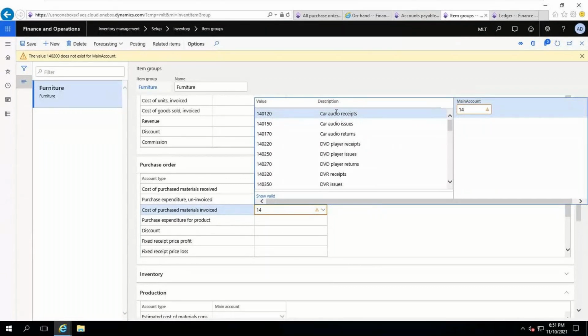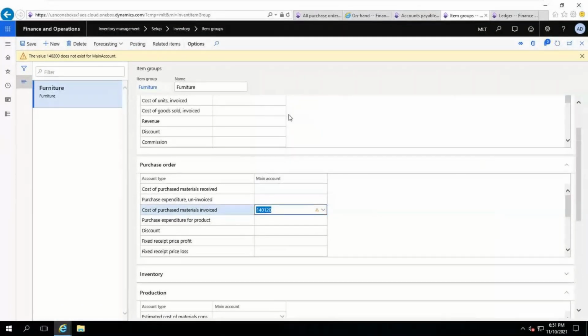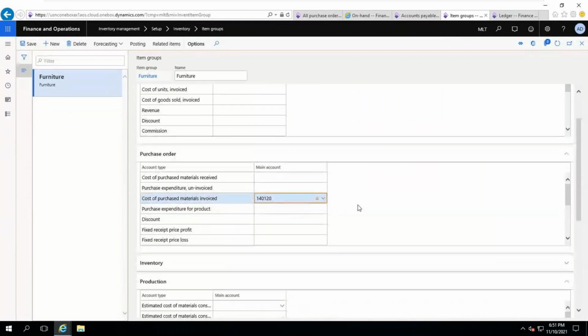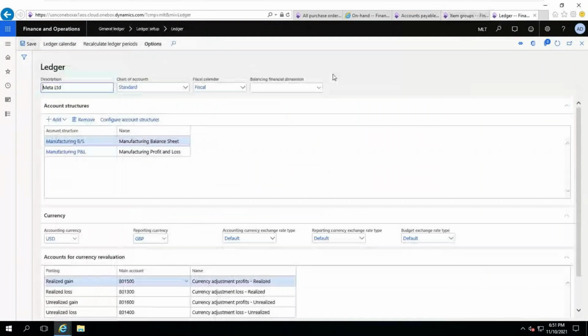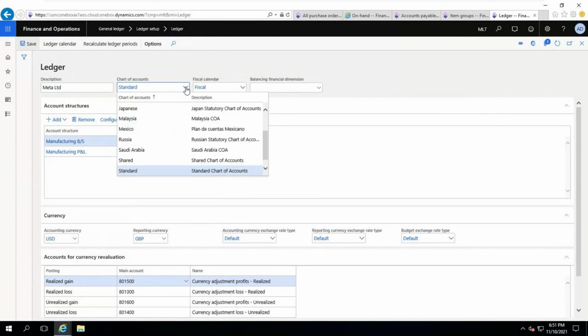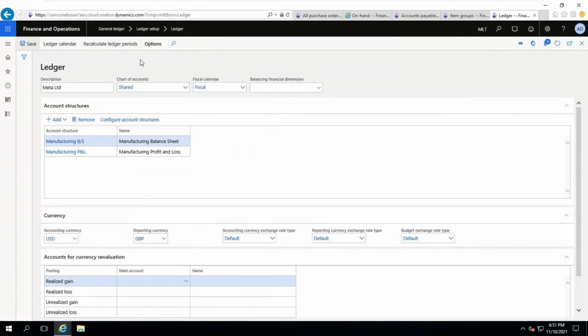Suppose I am mapping 140120, something I have mapped. Cost of material. What is the account I have mapped? Shared. Let me map shared instead of standard. Anything is fine, your wish. There is no restriction here.